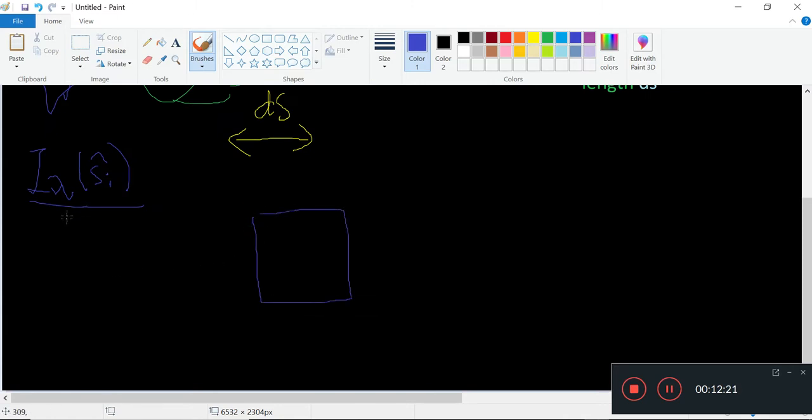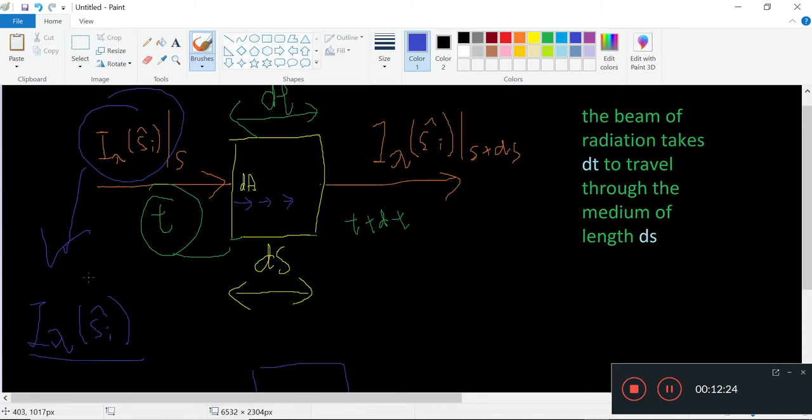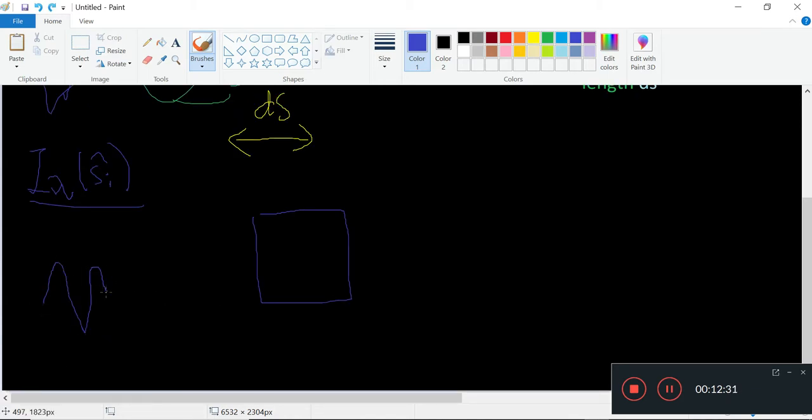Let's say this radiation is coming in as a sinusoidal input. If it takes 10 hours to travel through the system, then on the other side, before 10 hours, t less than 10 hours, this is just an example, the I lambda at s plus ds equals 0, but the I lambda here at s is the sinusoidal function.